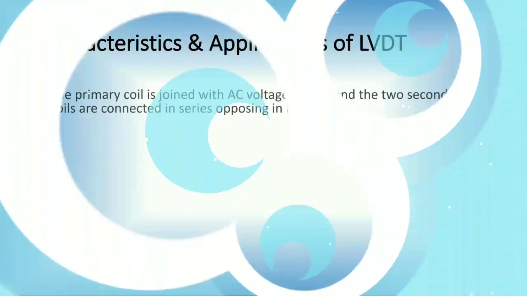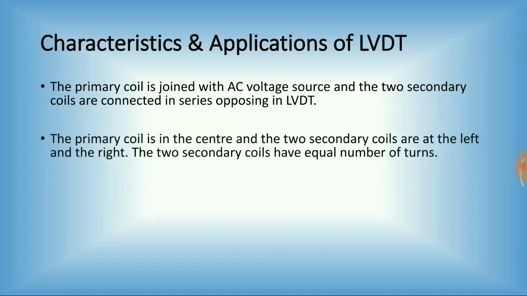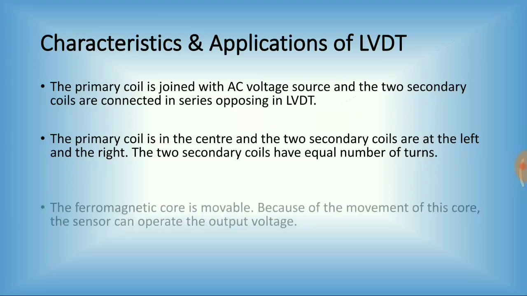And can you also explain about the construction of the LVDT sensor? Okay, I can. The primary coil is joined with the AC voltage source, and the two secondary coils are connected in series opposition in LVDT sensors. The primary coil is in the center, and the two secondary coils are at the left and the right. The two secondary coils have equal numbers of turns.